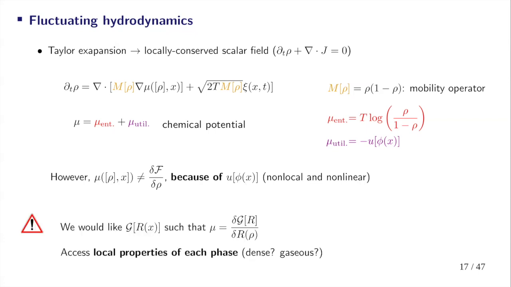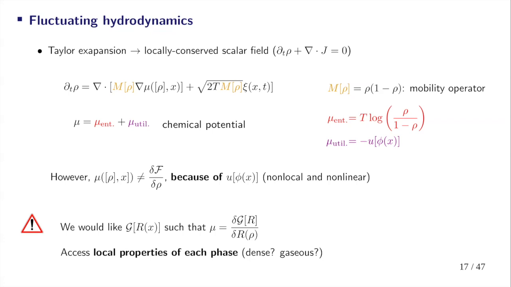And so here is where we are going to leverage the recent technology of active matter systems, where we understood that in this kind of active scalar field theory, you could perform a change of variable on your density, a local change of variable, from which you can assess the local properties of each phase and perform a double tangent construction, just like you would do for an equilibrium system.